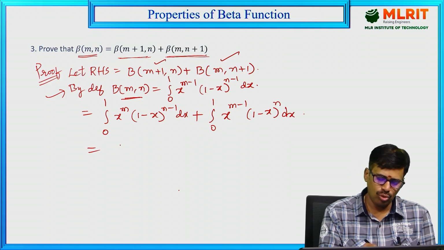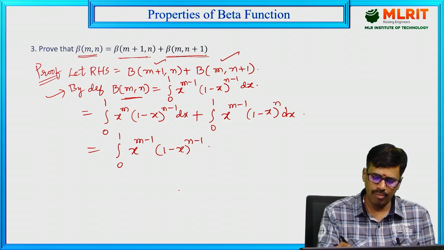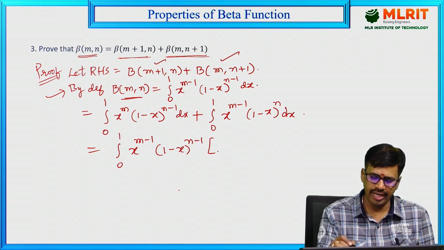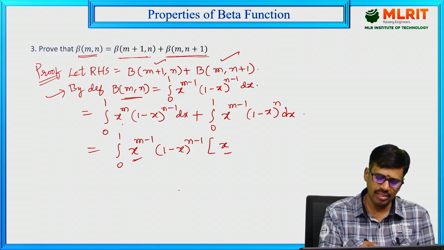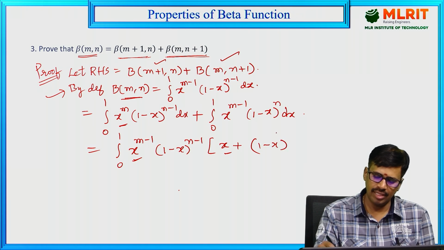Now in these two I can take x power m minus 1 into 1 minus x whole power n minus 1 common. So this is x power m minus 1 into 1 minus x power n minus 1, times x, plus this second term, which is 1 minus x, dx.